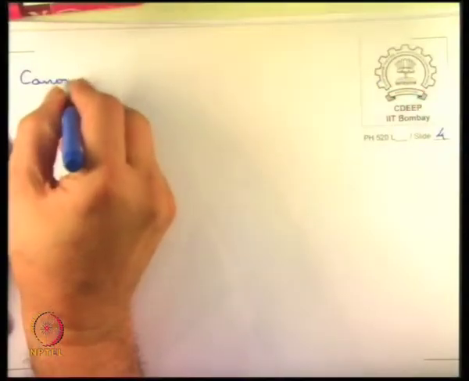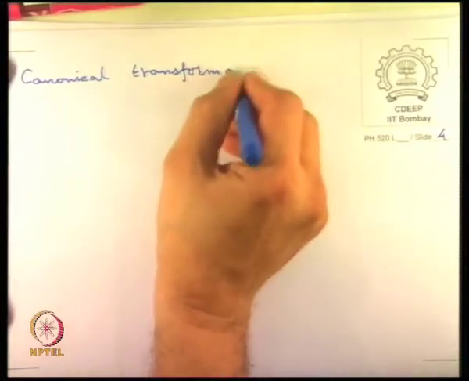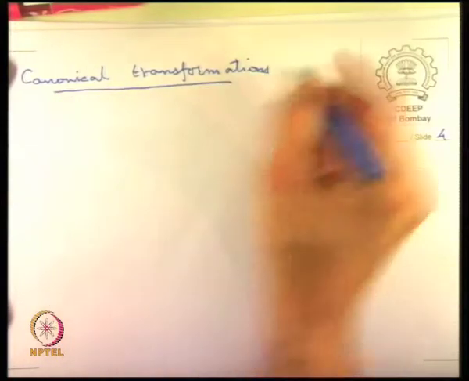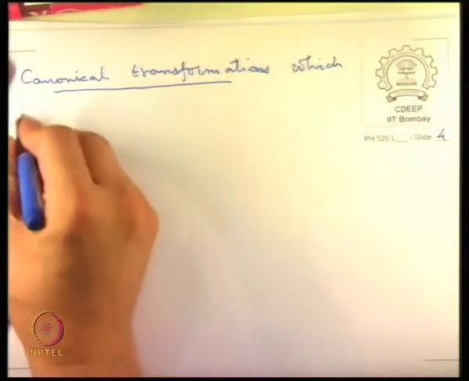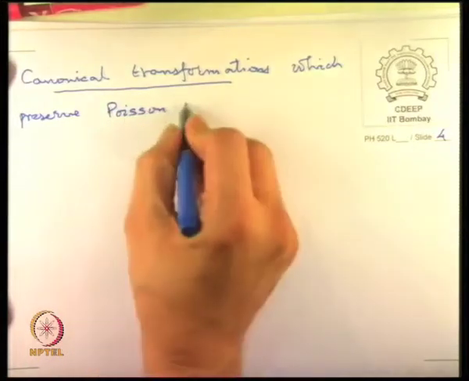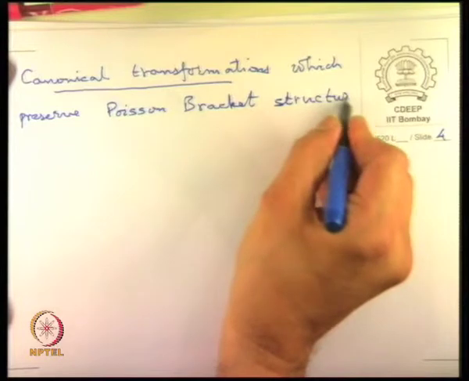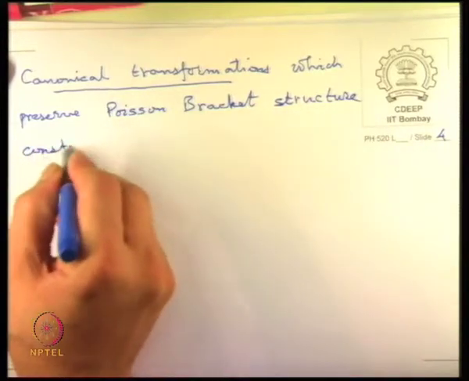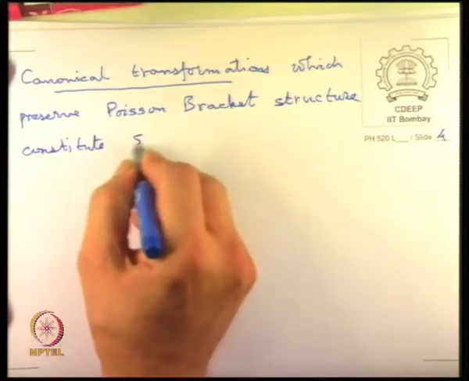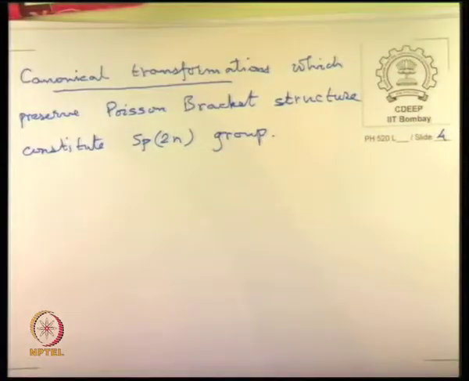So these constitute Sp(2N). So that is what we were doing, and this gives the example of the canonical transformations and the symplectic group we did last time.